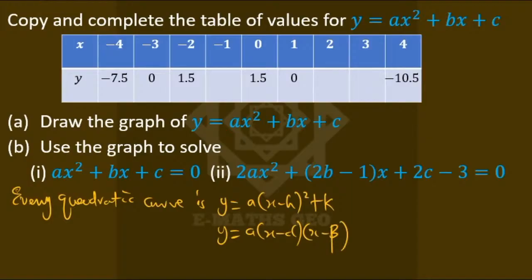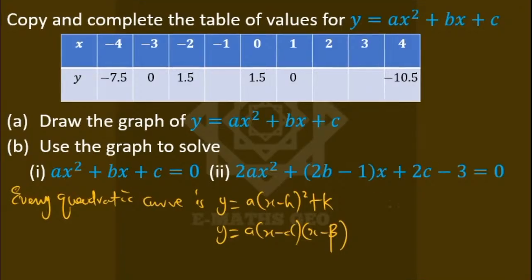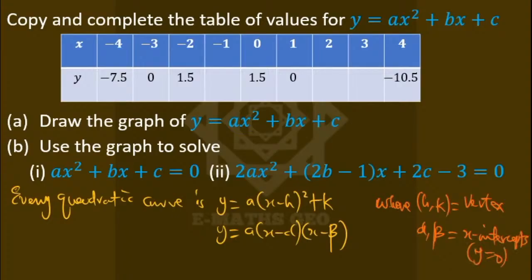So aside this one we are given, you can still write it in that form. So where the first one, h comma k is the vertex, and alpha and beta are the x-intercepts. That's where y is 0. So for this question we're going to use this because we are seeing the x-intercept.